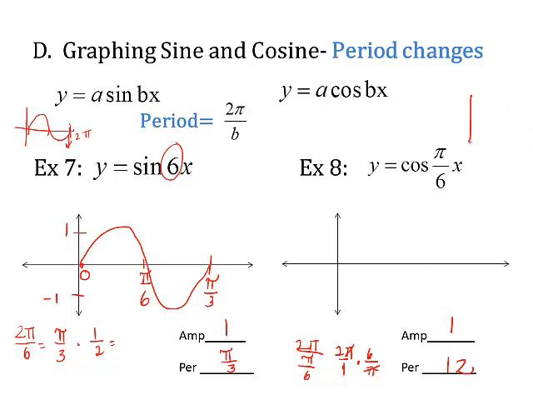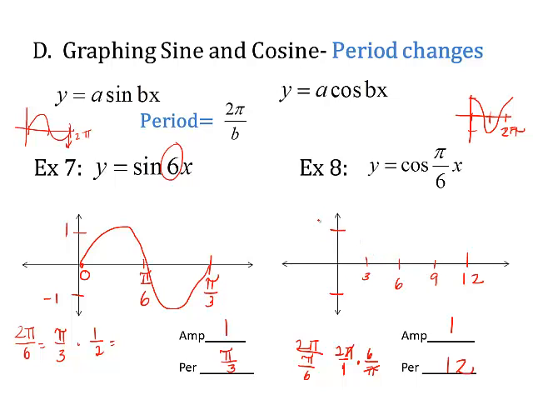Now, think about your parent function for cosine. Usually ends at 2 pi, usually starts at 1, and it does this thing, okay? So right in the middle, it's at its low point, and it starts at the high point. So instead of ending at 2 pi like my parent function will, this one's going to end at 12. So the middle then is 6, and then if I break it into fourths, there's 3 and there's 9.